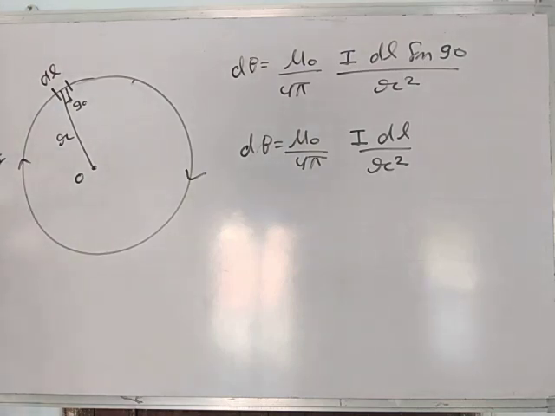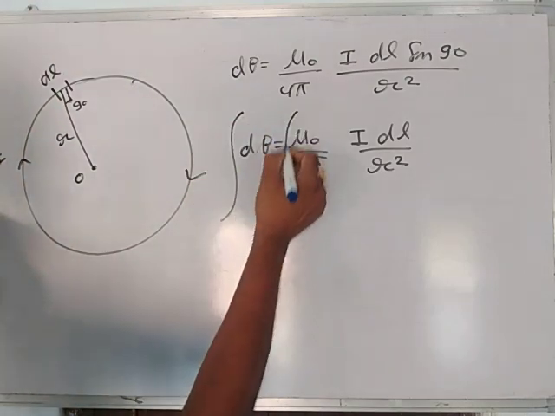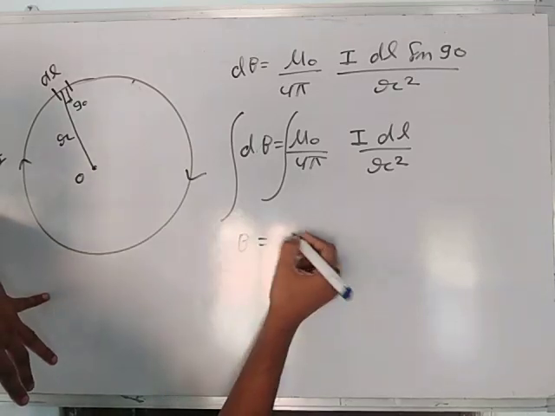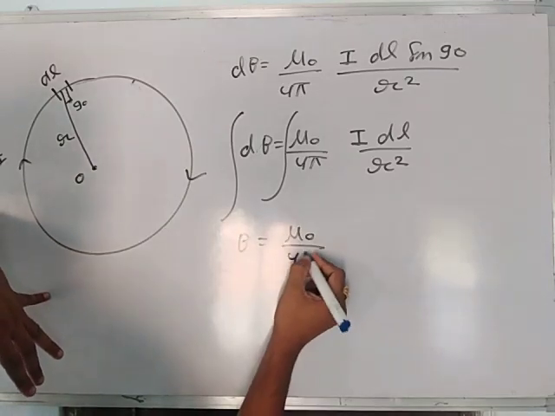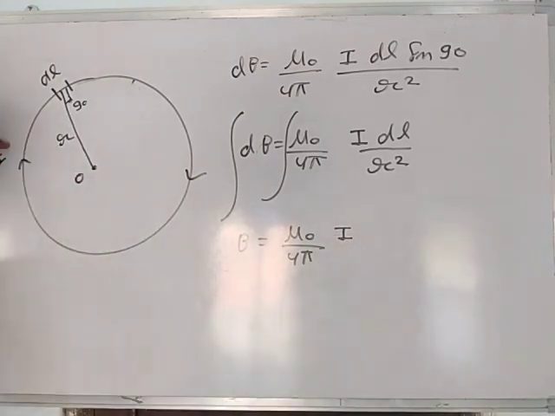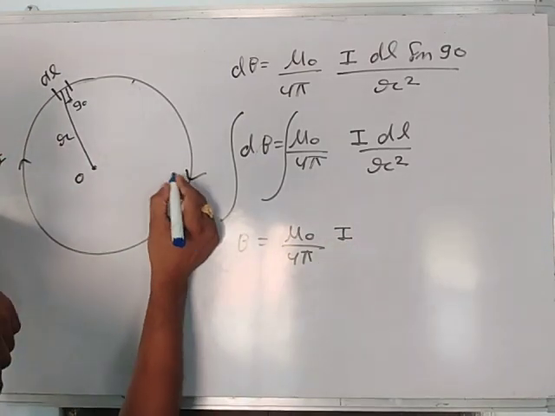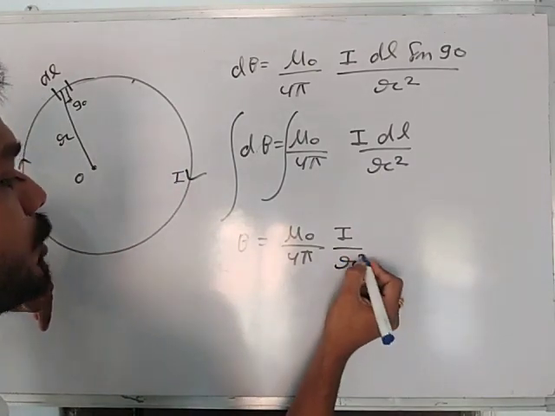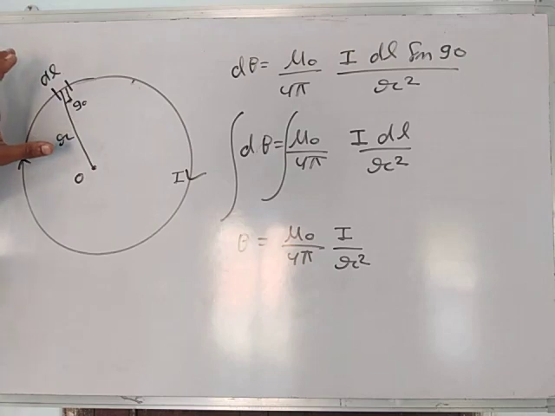Next, for this complete circumference, for this complete length, we are going to integrate. Integration of dB is B. Mu naught upon 4 pi is a constant. I is the current, which is also constant. r square, the radius, is also constant.